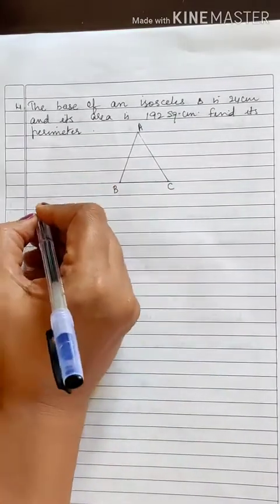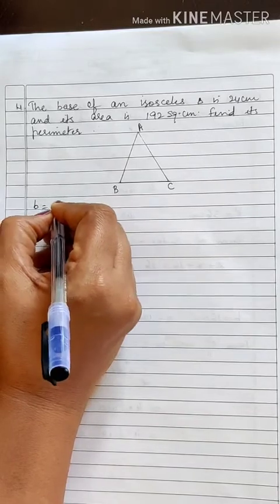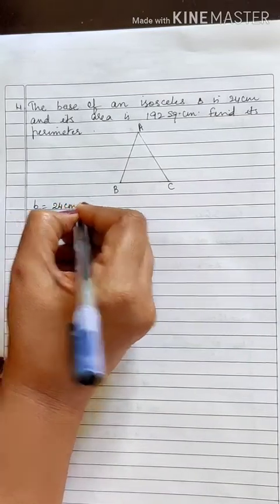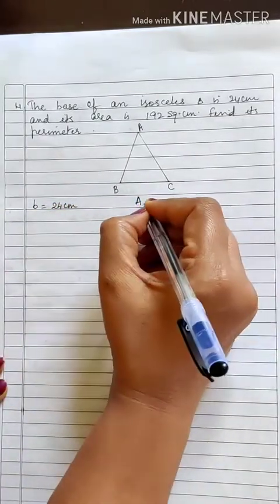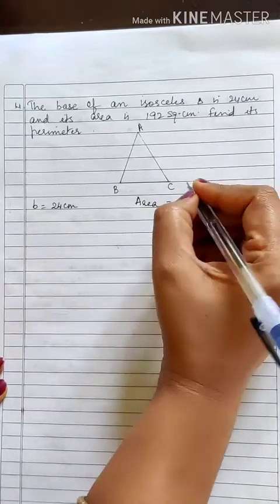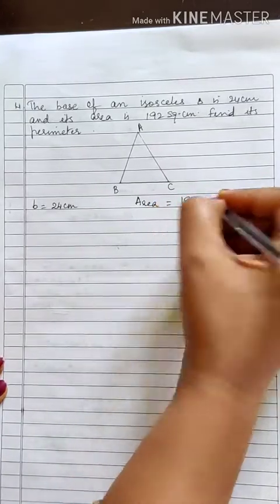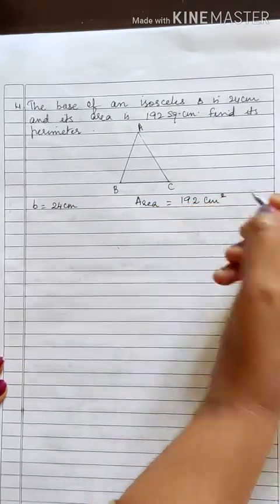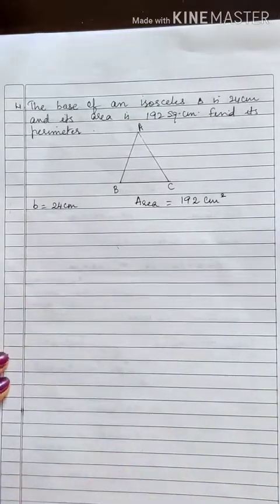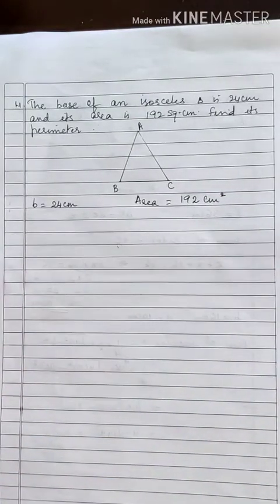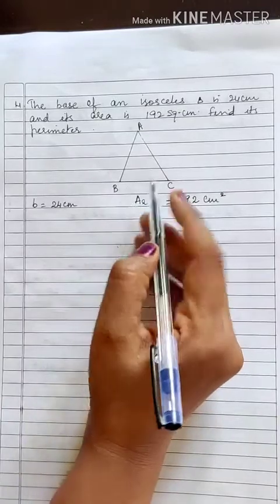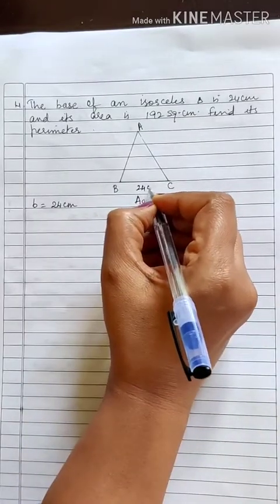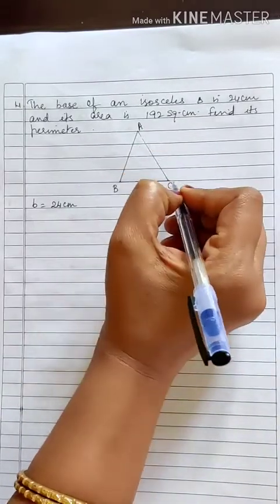But here it is given that the base is 24 centimeter and the area of the isosceles triangle is 192 square centimeter. You have to find its perimeter. If you have to find the perimeter, first you should know the sides.